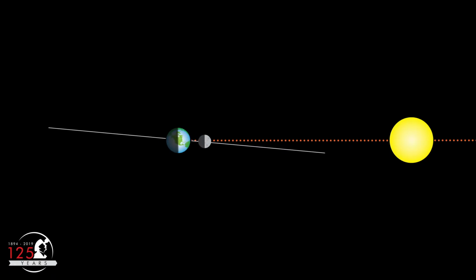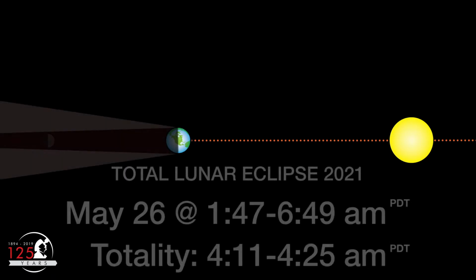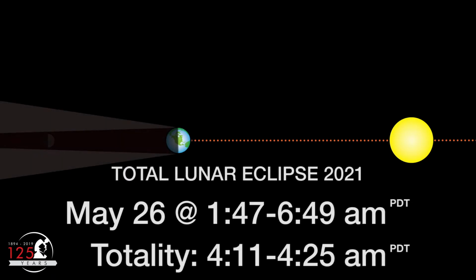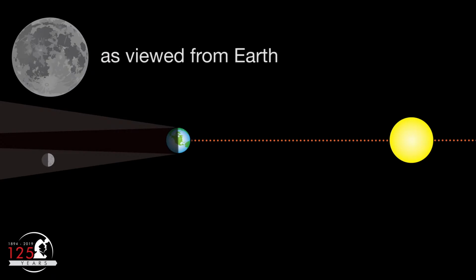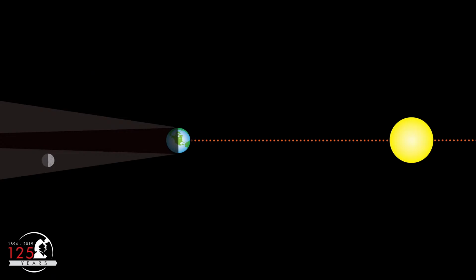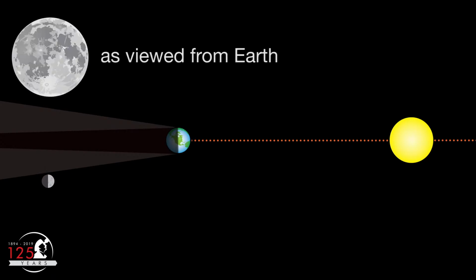This means that the moon continually cycles above and below Earth's orbital plane. If the moon crosses Earth's orbital plane at syzygy when it's full, this full moon enters the Earth's umbra completely, and we get a total lunar eclipse. If the full moon is a bit further from Earth's orbital plane, only part of it enters the Earth's umbra, so we get a partial lunar eclipse. If the full moon is further still from the Earth's orbital plane, it misses the Earth's umbra, but still passes through the penumbra. This is what we call a penumbral lunar eclipse. During most full moons, the moon passes above or below the penumbra altogether, and there's no lunar eclipse at all.